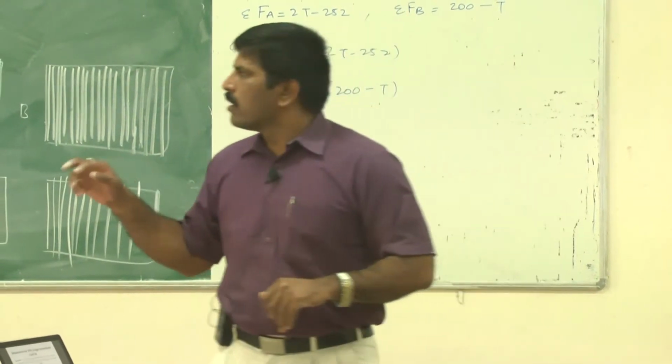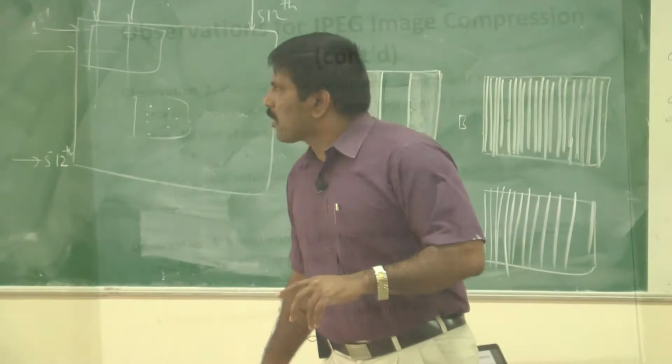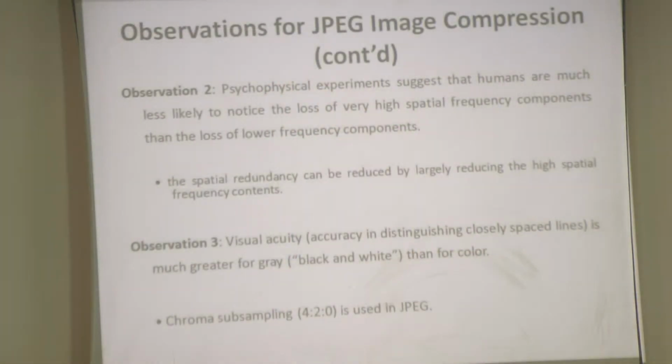We can see that visual acuity in distinguishing closely spaced lines is much greater in grayscale as compared to color, and that's why in JPEG or even in MPEG also, we take the subsampling as 4:2:0. So these are the three reasons or three observations in JPEG image compression.